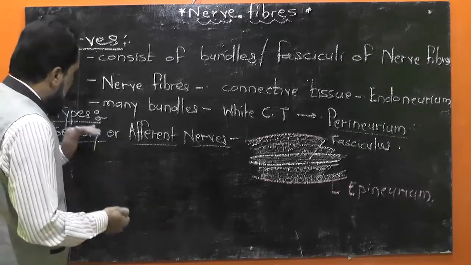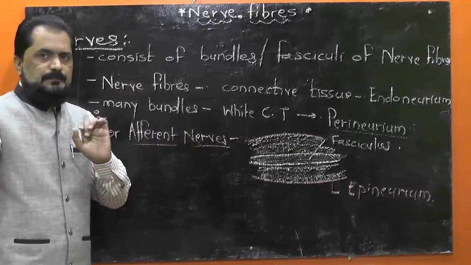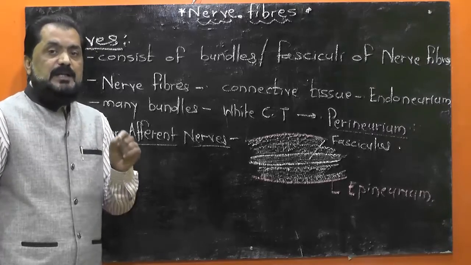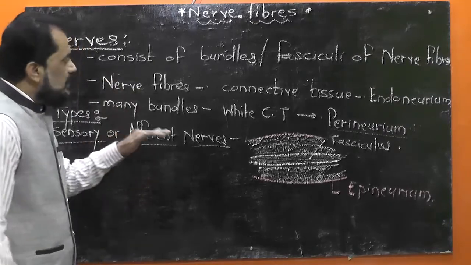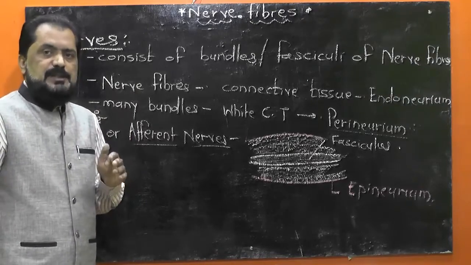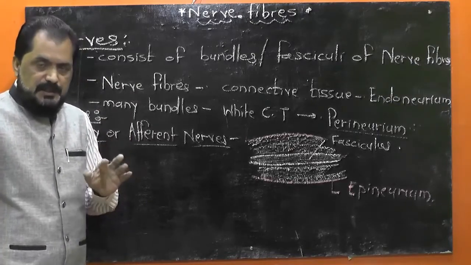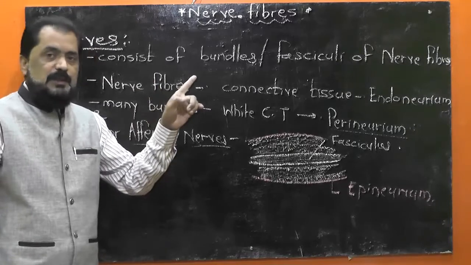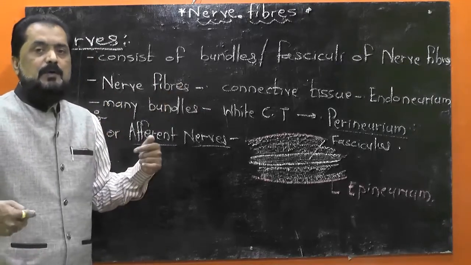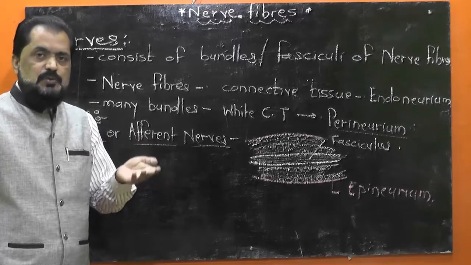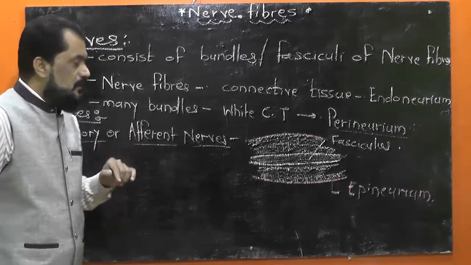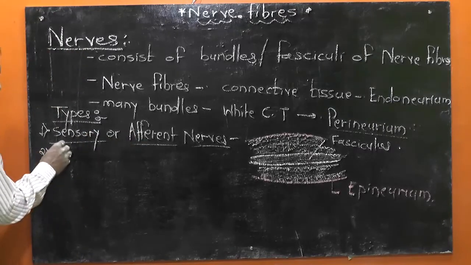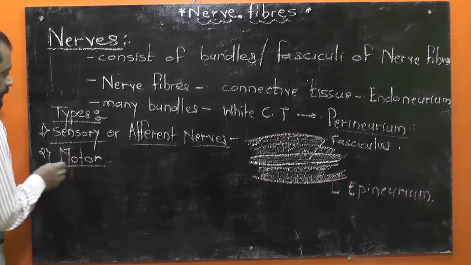Same here: sensory or afferent nerves are the nerves which contain only sensory or afferent nerve fibers, which are responsible to conduct impulses from peripheral organs to the CNS. Such nerves are called sensory or afferent nerves.